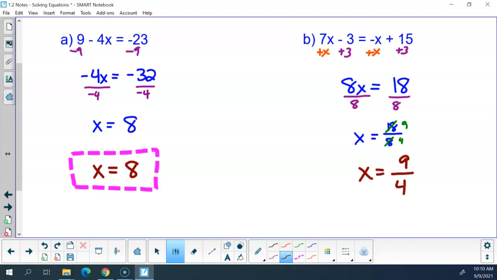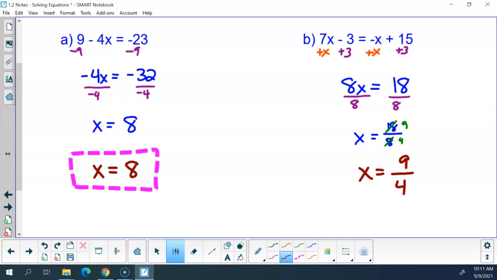Now, do I like 2.25? No. Okay. Keep it in fraction form. We are not scared of fractions. Okay?